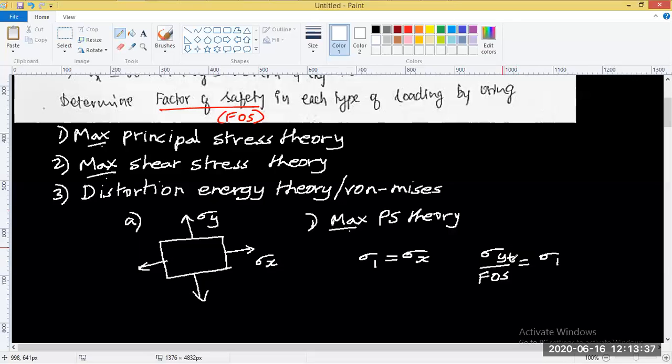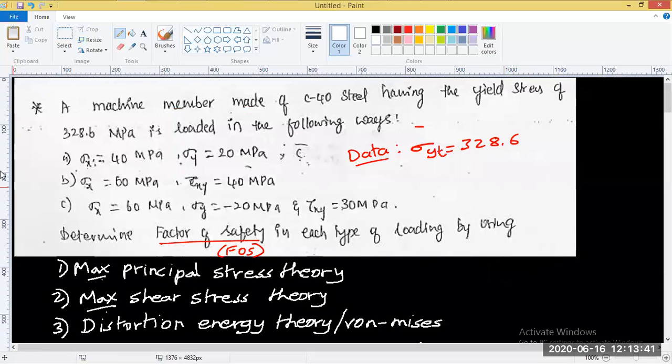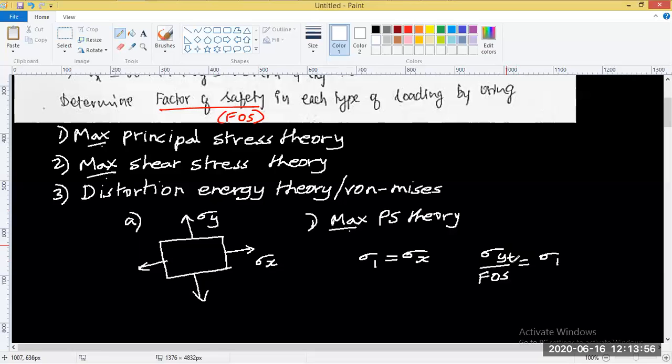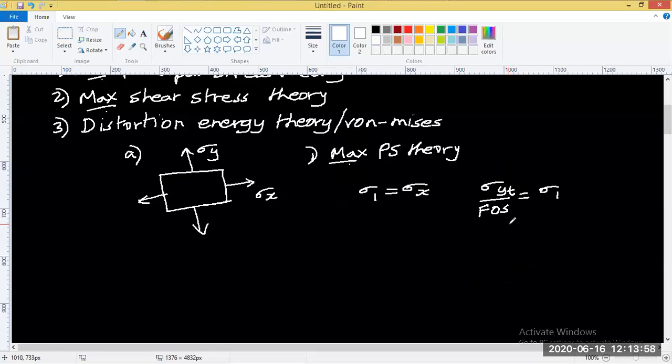So yt is yield tensile strength. It's a material property, so this property will be given. For that particular material, it means that it is the maximum amount of force or stress you can apply on that material, right? So you just change that to yt. It's just yield tensile strength, yt means.